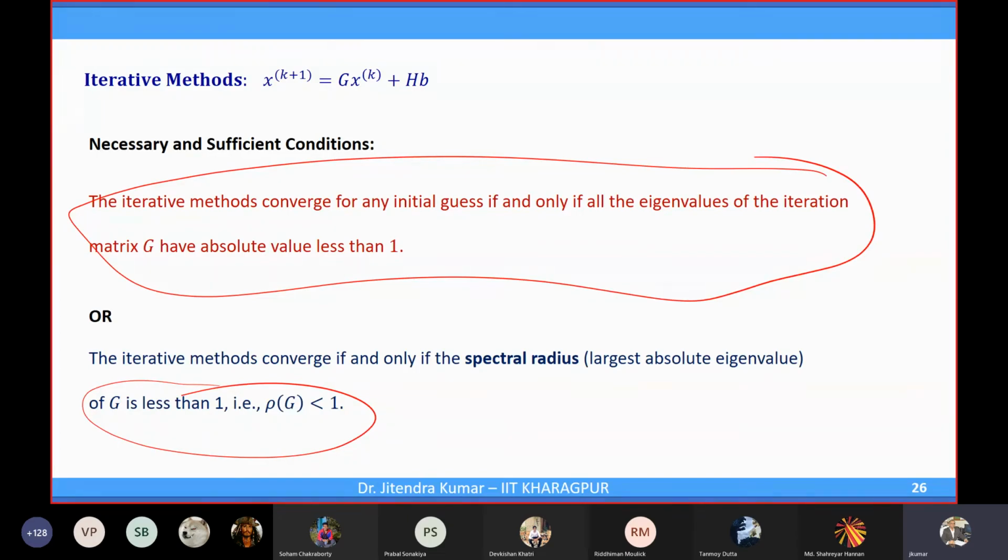So if all the eigenvalues have absolute value less than 1, definitely the spectral radius is less than 1. So instead of saying all the eigenvalues less than 1, just say if the spectral radius is less than 1, the method will converge. If the spectral radius is not less than 1, it will not converge.